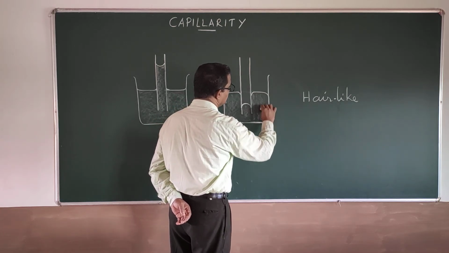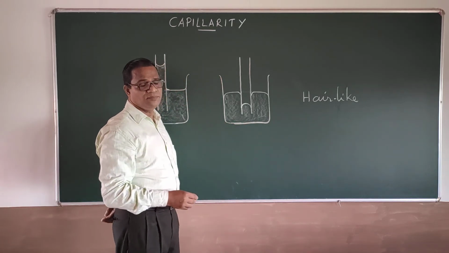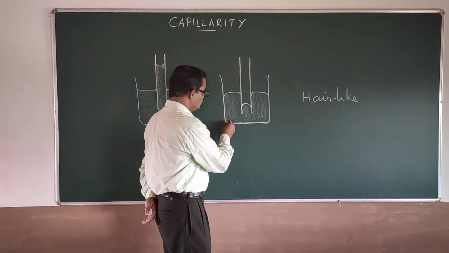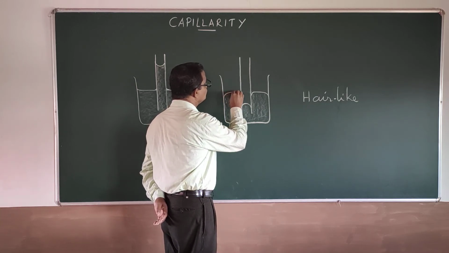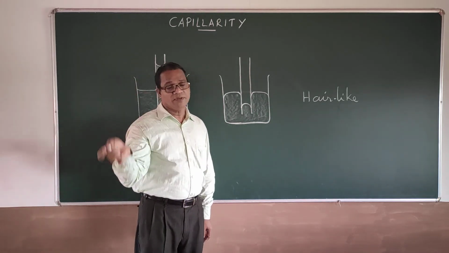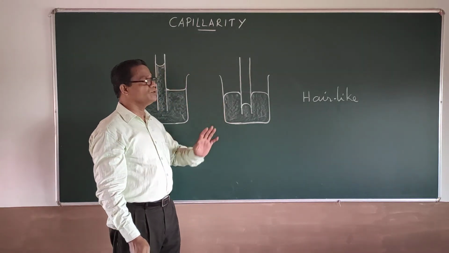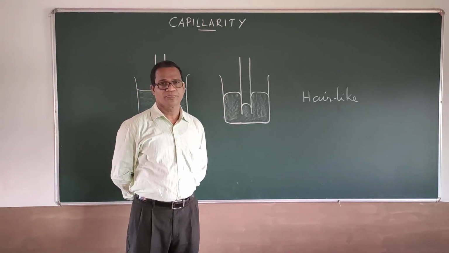Here also the action is called capillarity. In this case the liquid is found to go deep, and it is because of the property of the liquid taken along with the capillary tube.